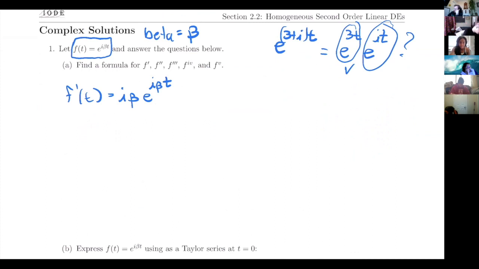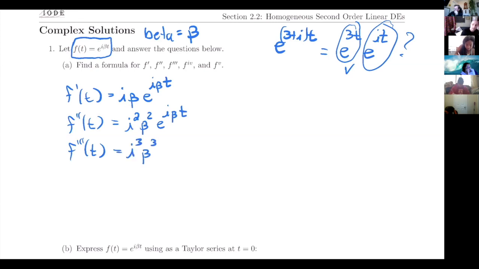And then we can take a derivative again. And now we would get another i beta that comes down. So we have i squared beta squared e to the i beta t. We do a third derivative, right? Every time we take a derivative, it's like multiplying by another power of i times beta.